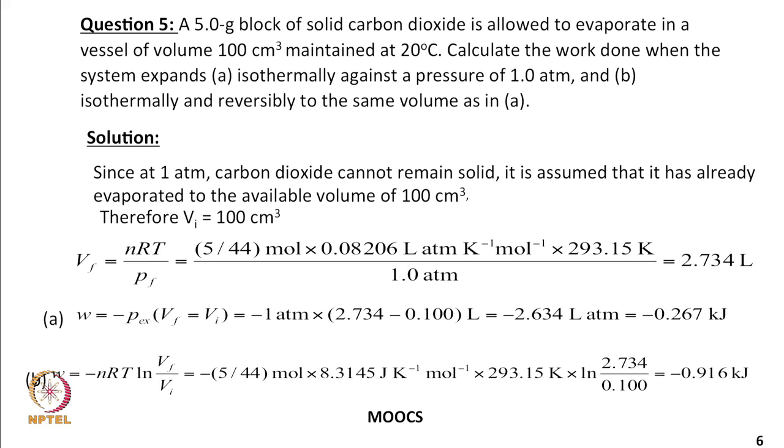And once again you see the work obtainable from the system is minus 916 joules under reversible condition, which is higher than the work obtained from the system, that is 267 joule, when it is expanding under irreversible conditions against a constant external pressure.